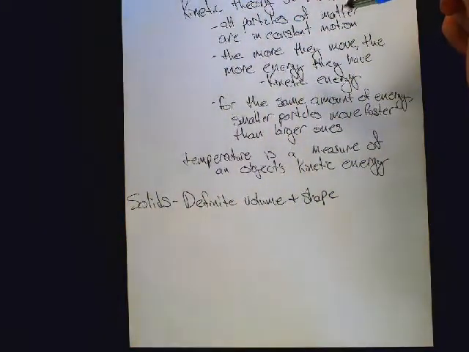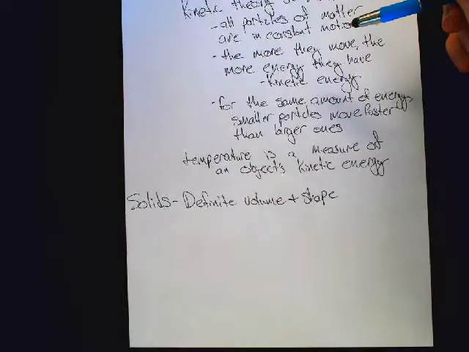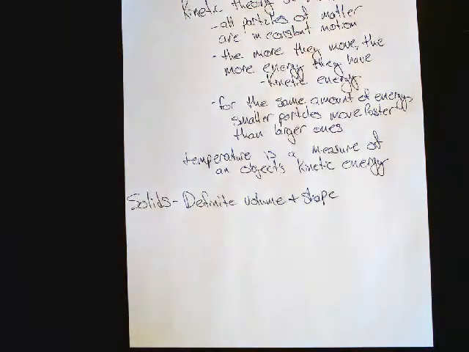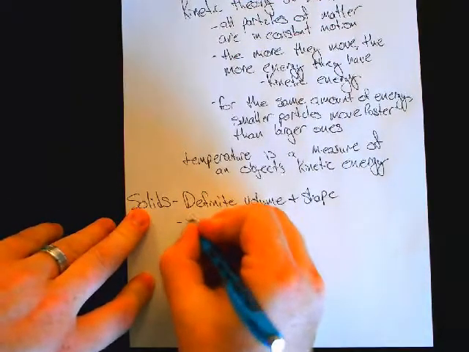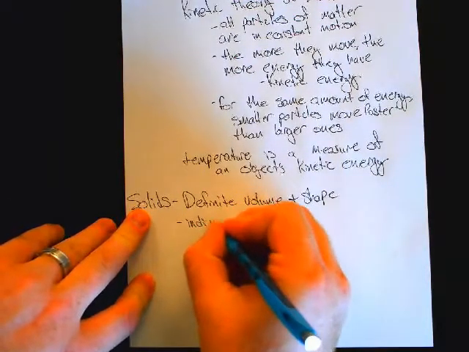First of all, does this stapler appear to be in motion right now? No. What we need to understand is that the particles that make up the stapler are in constant motion. So just like you guys, after you've had too much sugar and you're probably vibrating and jittering in your seats, the particles of a stapler or of any object always have enough energy that they're vibrating in place. So the individual particles vibrate in place.